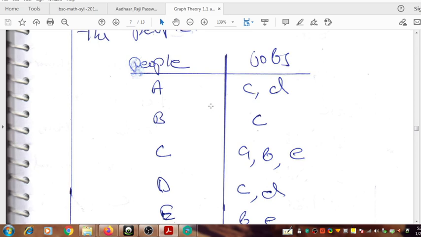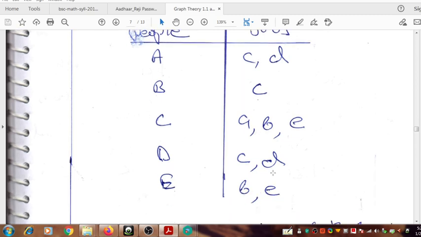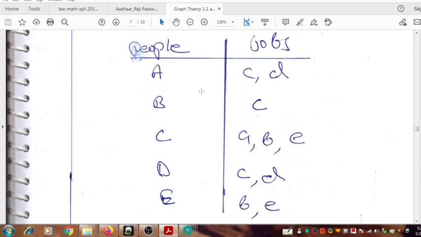You cannot assign job e to person A, because that job is not in the preferred list of A. The person A can do only the job either c or d. So you can either assign c to A or d to A.